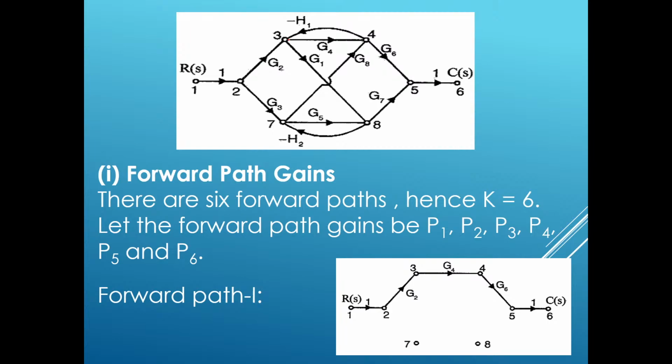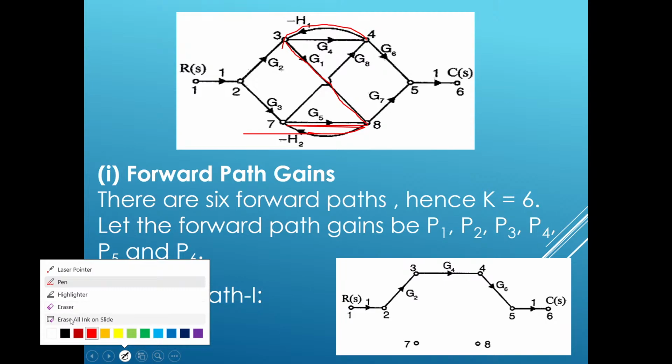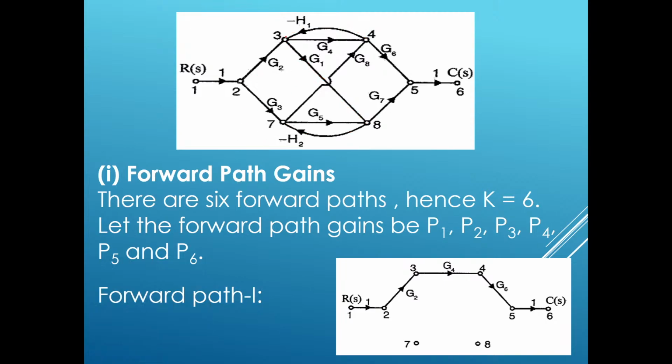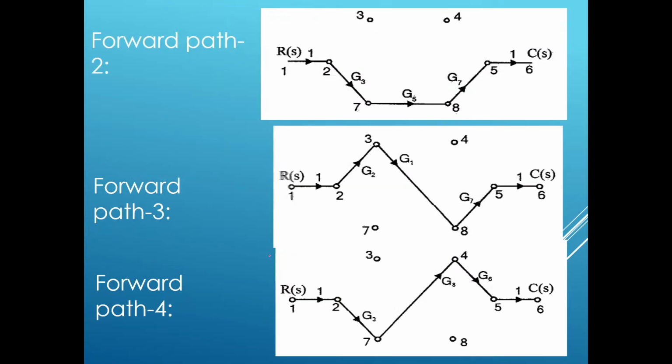Another loop I can find is from 4 to 3, 3 to 8, 8 to 7, 7 to 4. This is one loop. I don't think I have any other loop here. So in total, three individual loops are there.